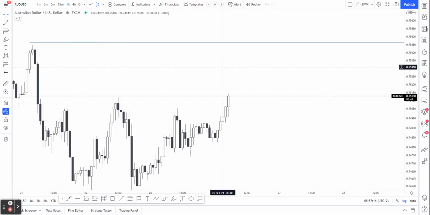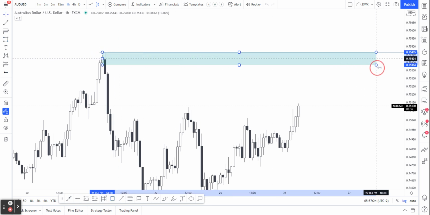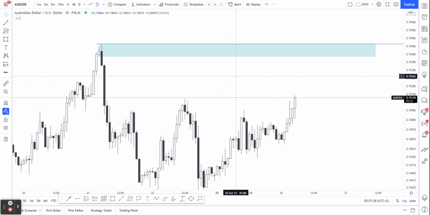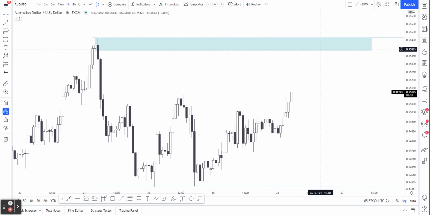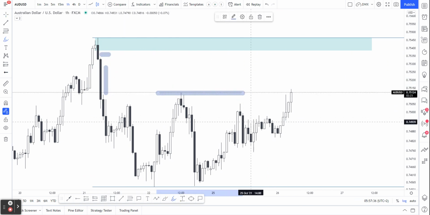1 hour, we have this area. Let's just put an eye on it. This is a nice area, I do think, for potential sales. So it looks like price is reaching for that area, trying to fill in all of this imbalance that we have over here, sweeping these highs.